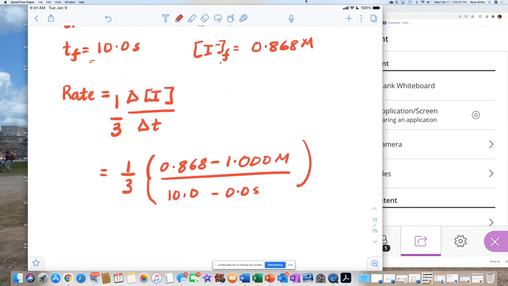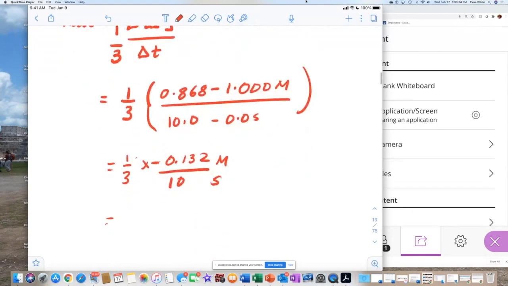0.868 minus 1. I haven't brought in the negative yet. Negative 0.132 divided by 10, right? So we got M over S. So we got that number divided by 3 divided by 10, and I get this number right here.